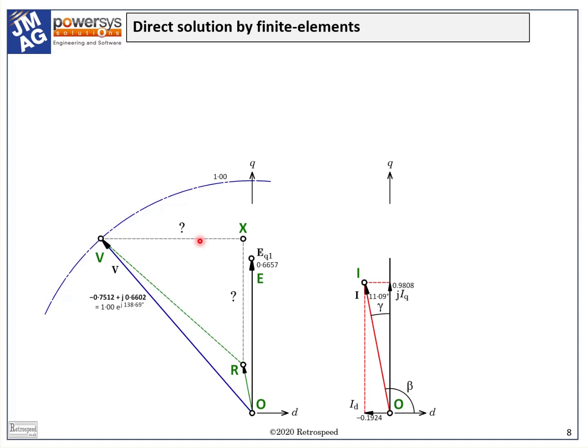We might be able to extract XQIQ because it's the only phasor with a d-axis component, but in the q-axis it's impossible to separate EQ1 and jXDID uniquely unless we impose some other condition, for example assuming that EQ1 is constant even though it is not observable when current is flowing.